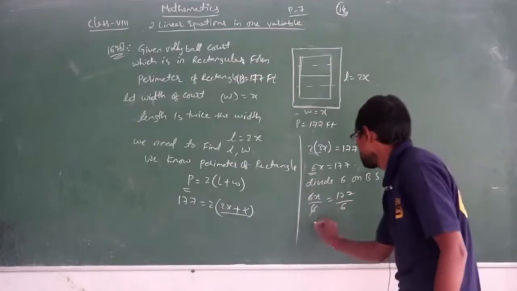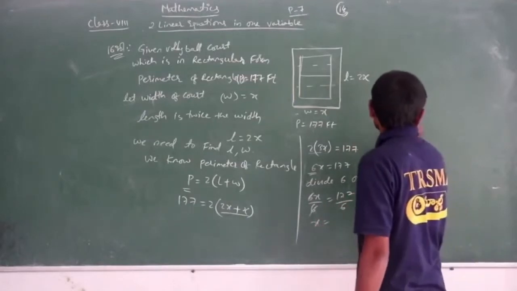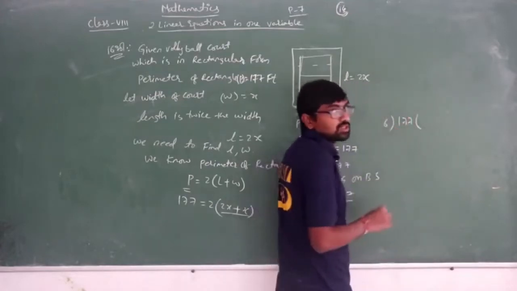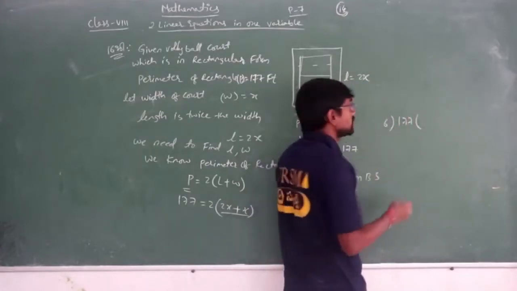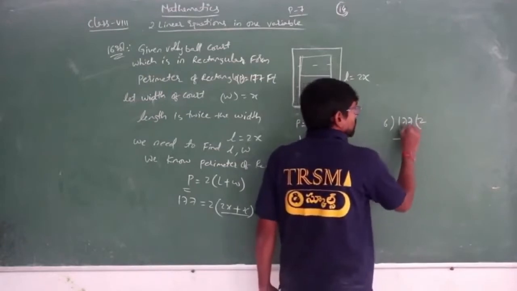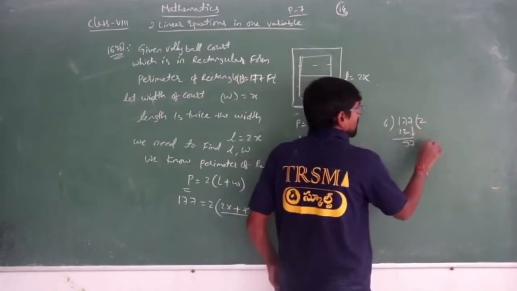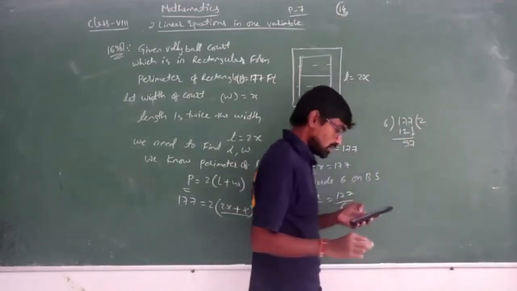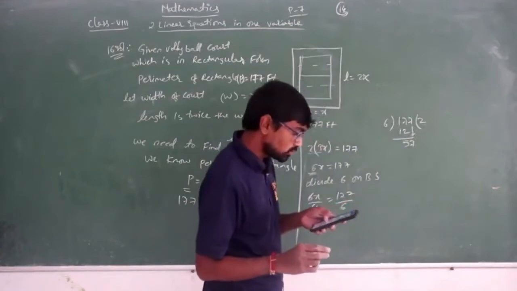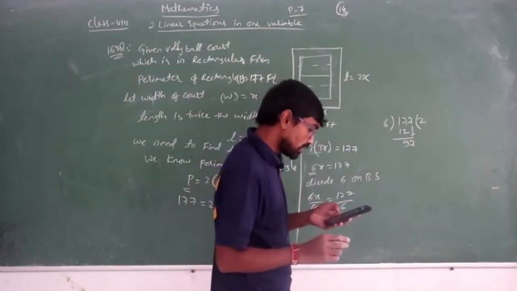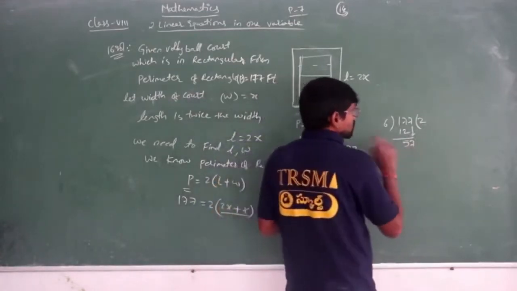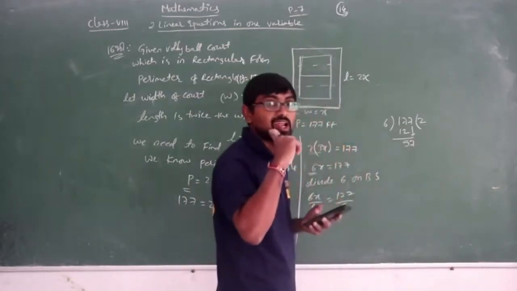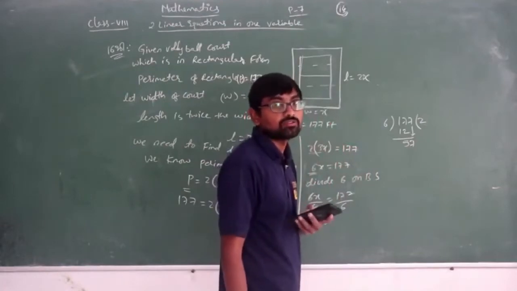6 by 6 will be 1. So x is equal to, if I divide 177 by 6, how much will we get? 6 1s are 6, 6 2s are 12, here I'll get 5, here I have 7, isn't it? 6 6s are 36, 6 7s are 42, 6 8s are 48, 6 9s are 54.